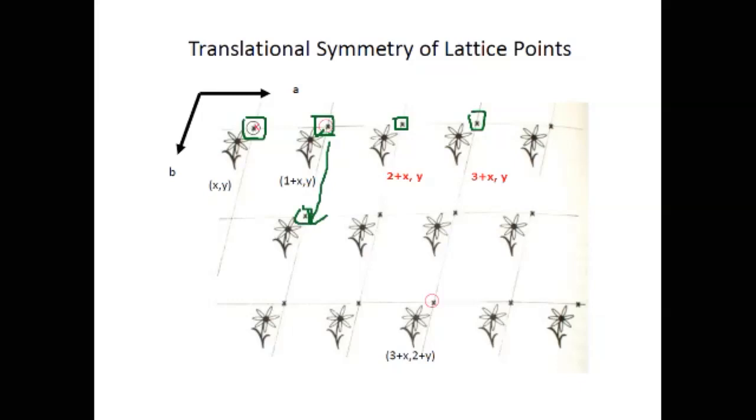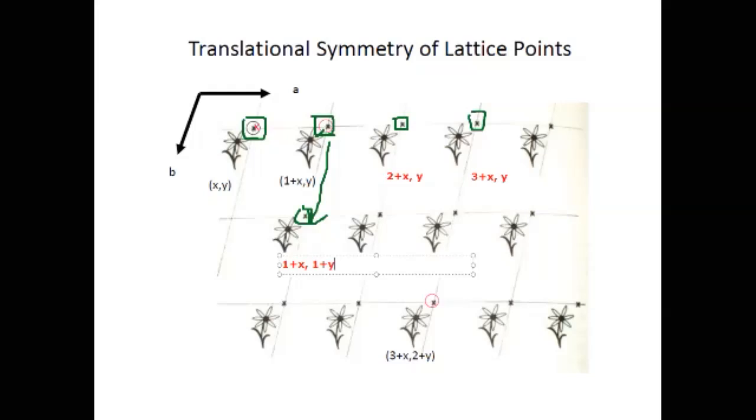If we were to show the relationship, it would be 1 plus X, 1 plus Y, because it's moved 1 from the original X and it's moved 1 down from the original Y. So it would be 1 plus X, 1 plus Y lattice.